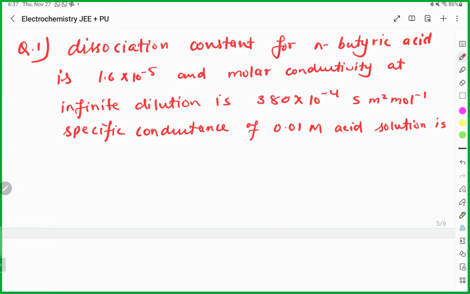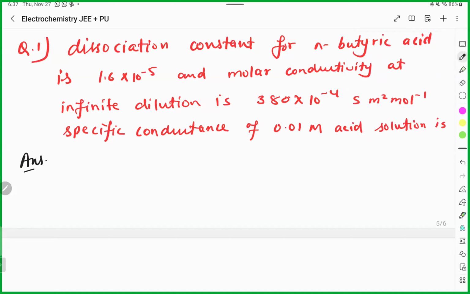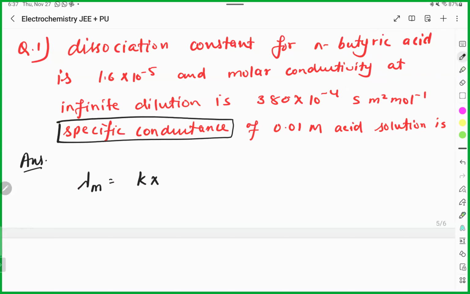If it is very low, you can ignore it. Do you feel you need to calculate specific conductance, right? For this, you need molar conductivity, kappa into 1000 by molarity. Molarity is given, but it is not given in the centimeter scale. It is given in the meter scale.